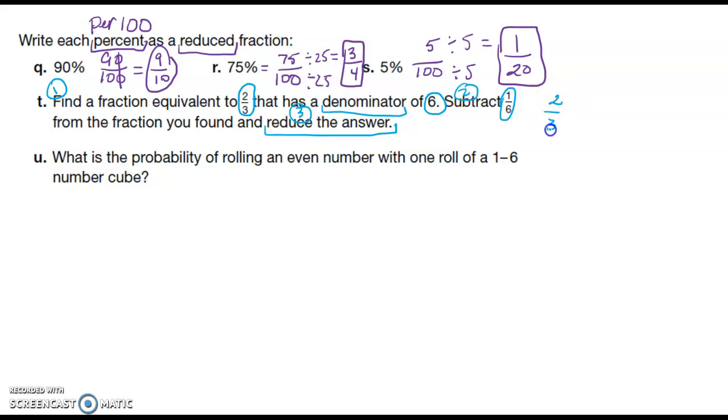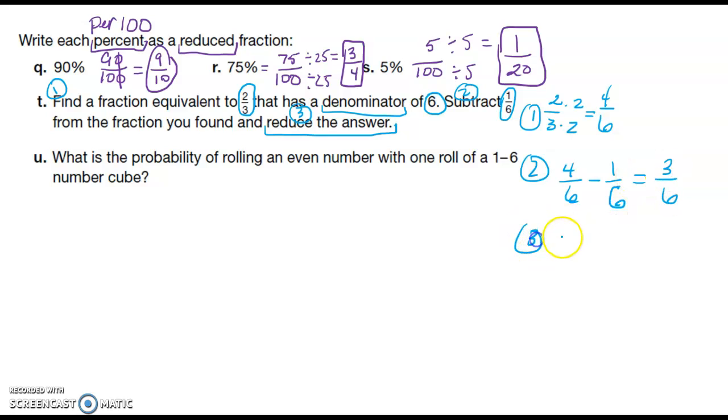So 2/3 with a denominator of 6 means I'm multiplying by 2 over 2. So that's 4/6. Step 2 says 4/6 minus 1/6 equals 3/6. Step 3 says to reduce 3/6. Well, I know that 3 can go into 3 and 6, so that's 1 over 2.